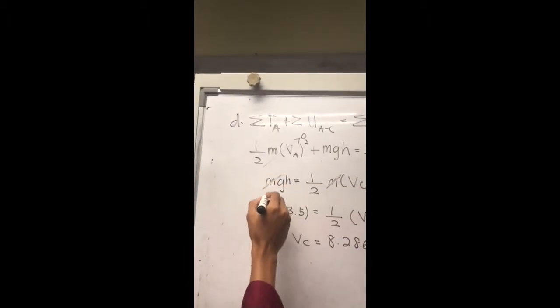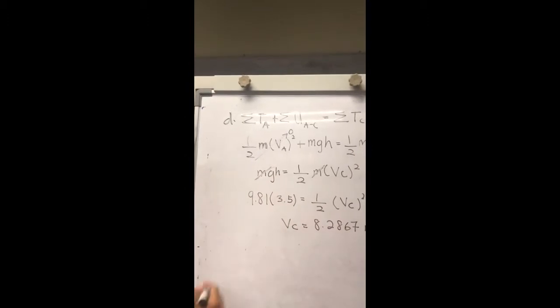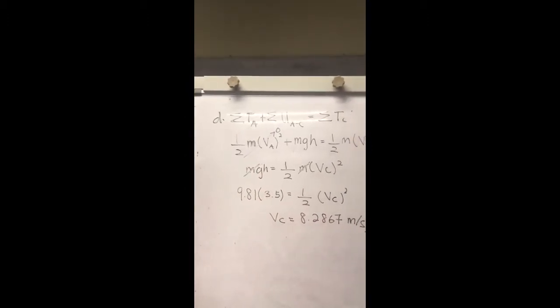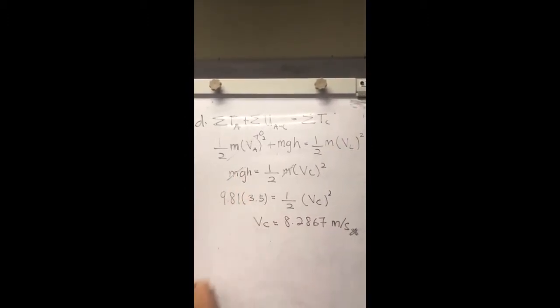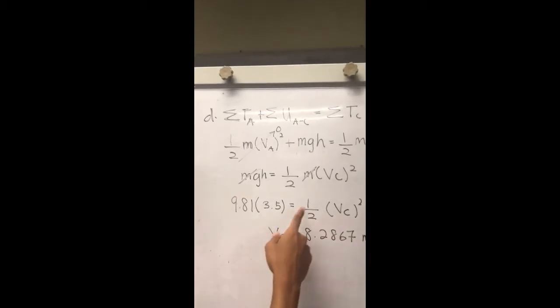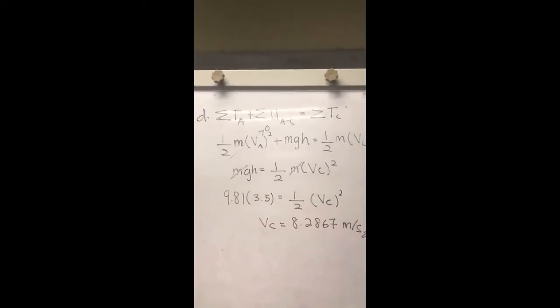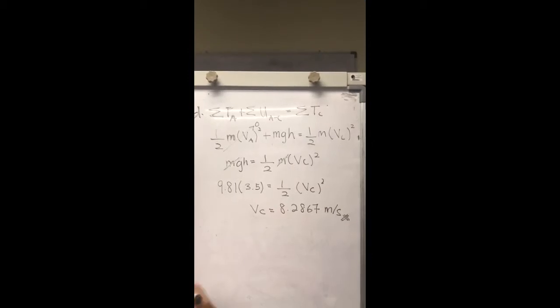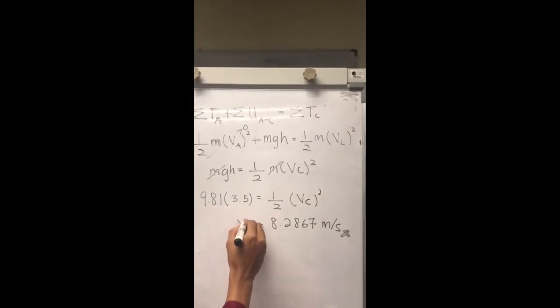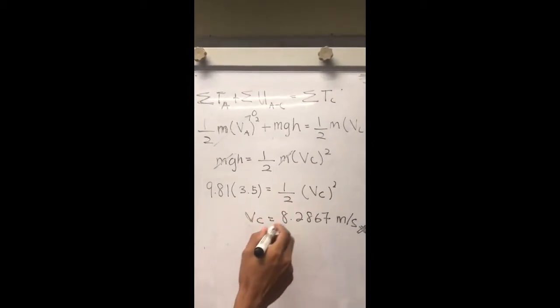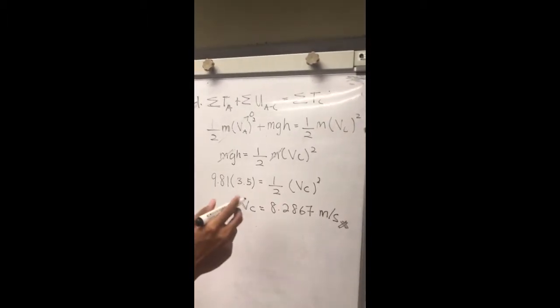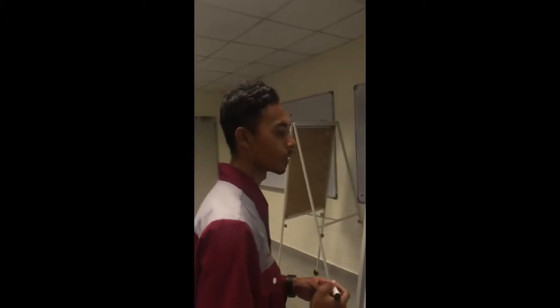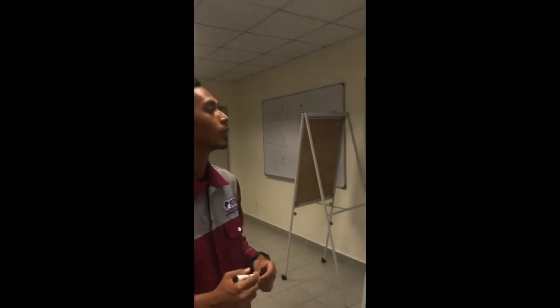We substitute g is 9.81 times h is 3.5 meter equal to 1/2 times VC squared, and we get VC is 8.2867 meter per second. Okay, that's all for me for question 1 part A.